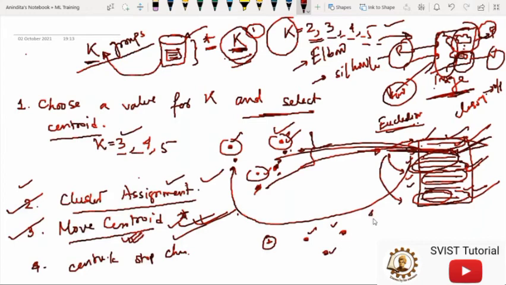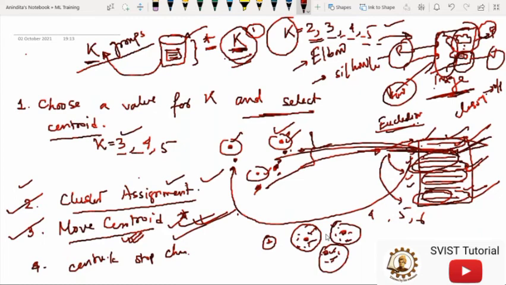Say at iteration number 4, whatever centroid value we have got, at iteration number 5 we have got the same centroid value, and at iteration number 6 we have got the same centroid value. It means now the positions of the centroids are fixed. They are not going to change at all. So whichever clustering we have got, these are the final clusters. This is how k-means clustering works.